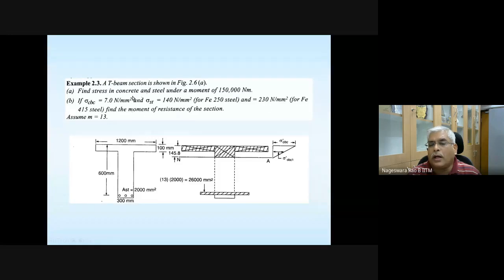And also, not only finding the stresses given a particular moment, you also need to find the moment carrying capacity or moment of resistance of this T section, as we have done for the other types of sections. And modular ratio is 13. Yesterday I mentioned to you, whenever sigma CBC is 7 Newton per mm square, modular ratio, if you round it off to the nearest integer, is going to be 13.